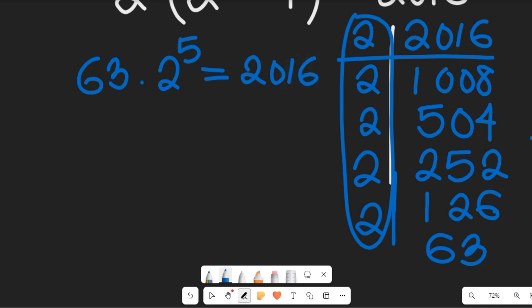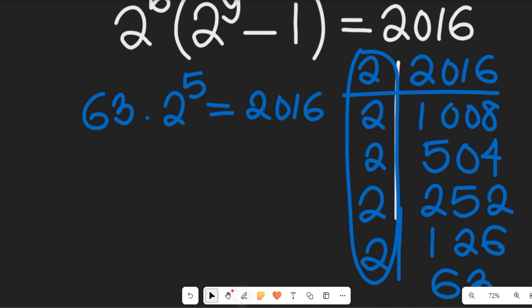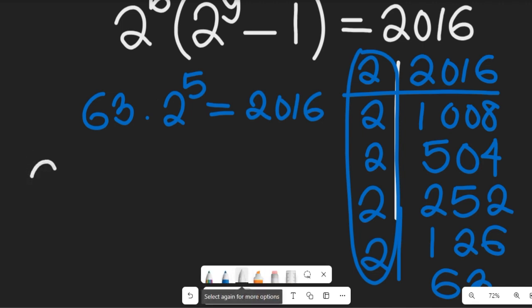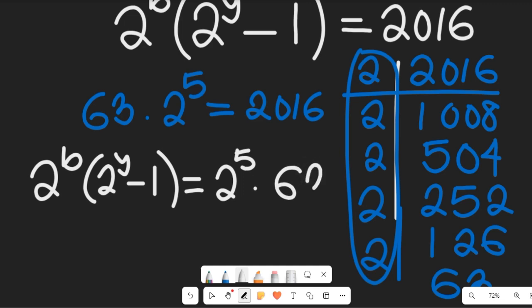Now let's go back to our original expression. So this will now give me the value of 2^b multiplying 2^y minus 1 to be equal to 2 to the power of 5 multiplying 63.